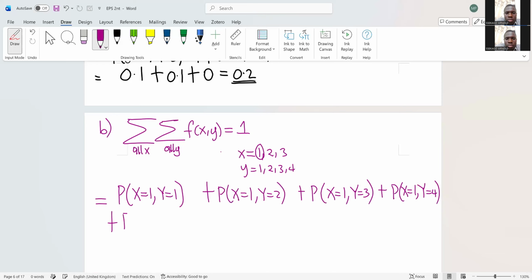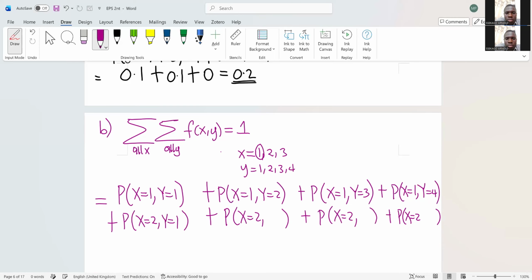Plus, when x is 2, and so on. Colleagues, x is 2 when y is 1, when y is 2, when y is 3, when y is 4.